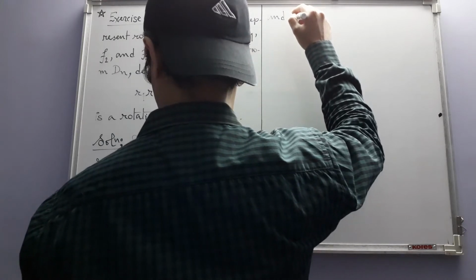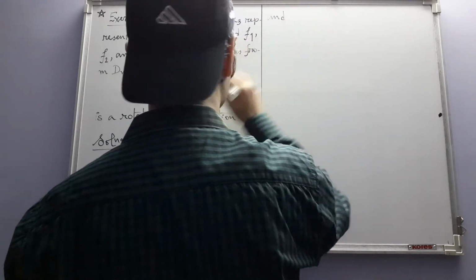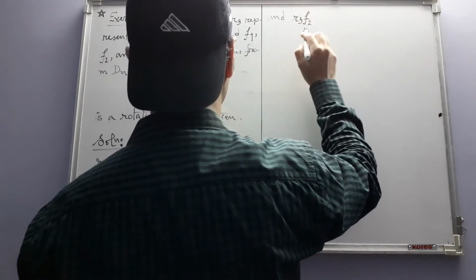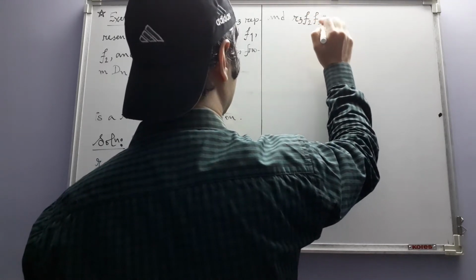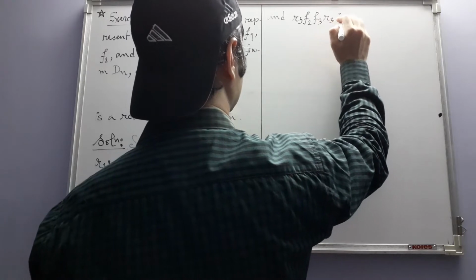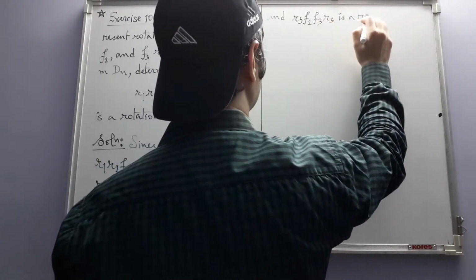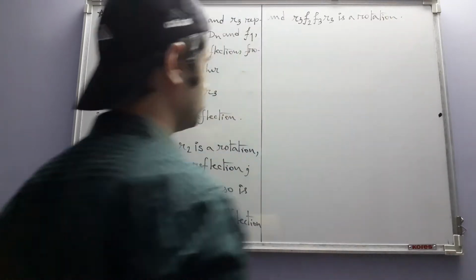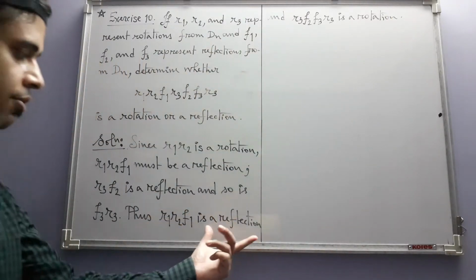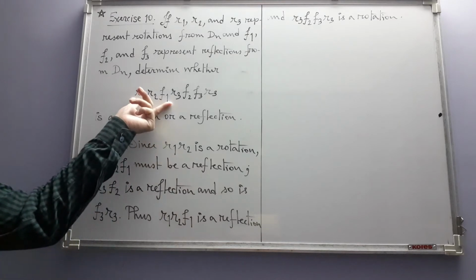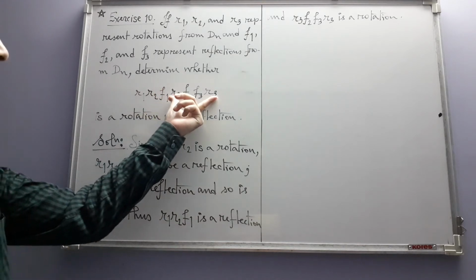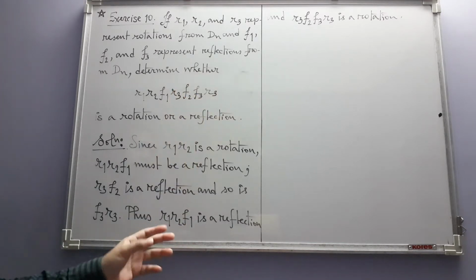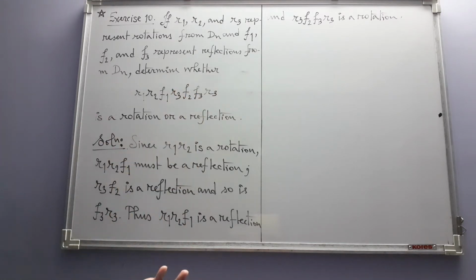And R3, F2, F3, R3 is a rotation. That means we have a reflection, this part, followed by a rotation. So their product must be a reflection ultimately.